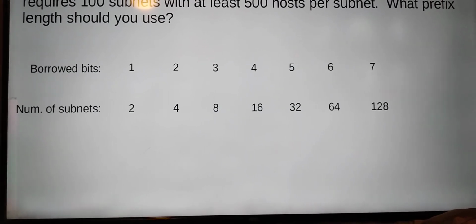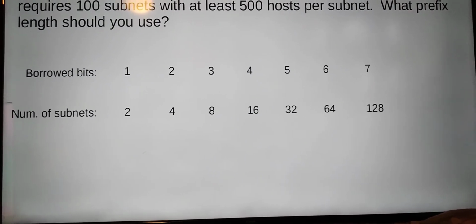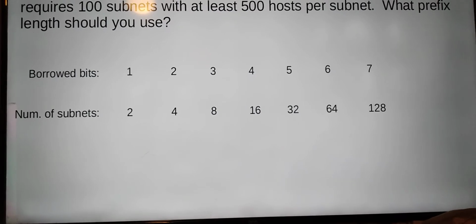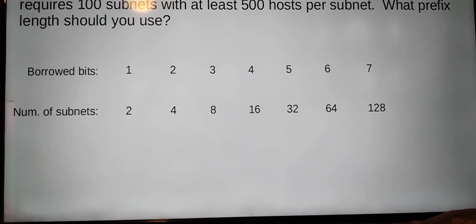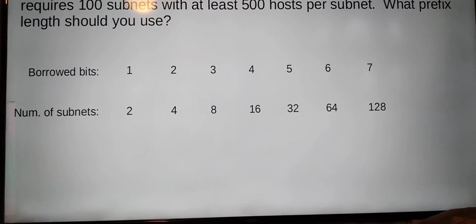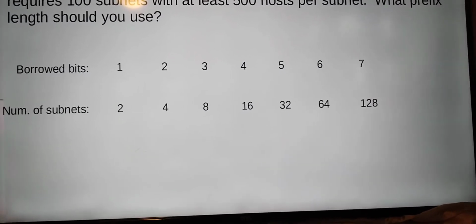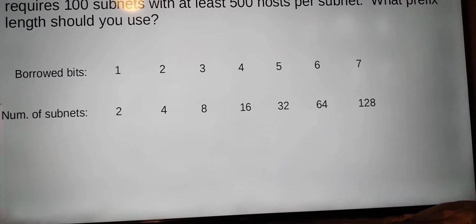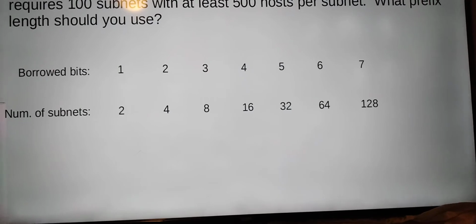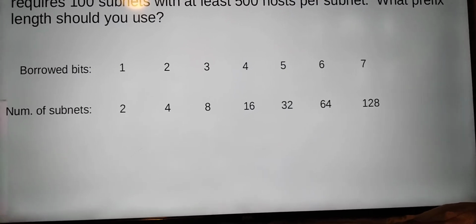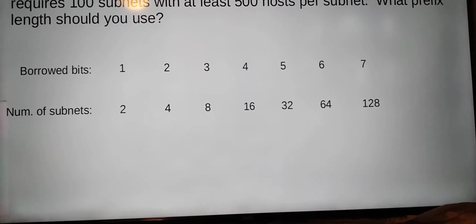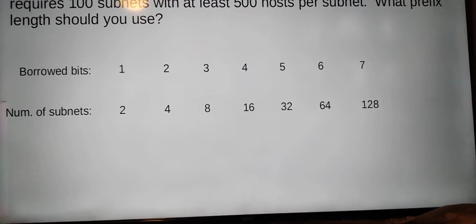Borrowing 1 bit allows for 2 subnets. Borrowing 2 bits allows for 4 subnets. Borrowing 3 bits allows for 8 subnets. Borrowing 4 bits allows for 16 subnets. Borrowing 5 bits allows for 32 subnets. Borrowing 6 bits allows for 64 subnets.